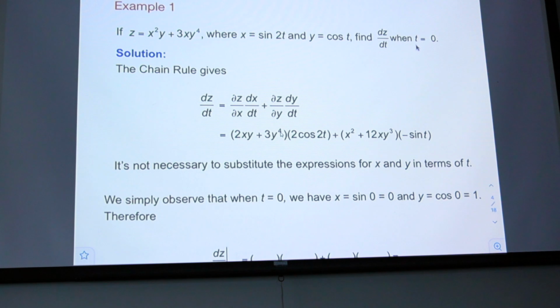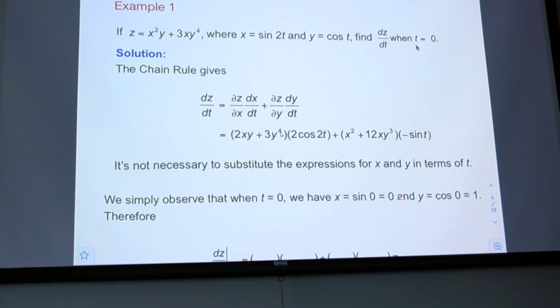The way you figure out x and y is, because x and y are in terms of t, you can substitute the t value into both functions to find the corresponding x and y values, and then substitute those in here. Okay? So in this case, when t equals 0, what does x equal?